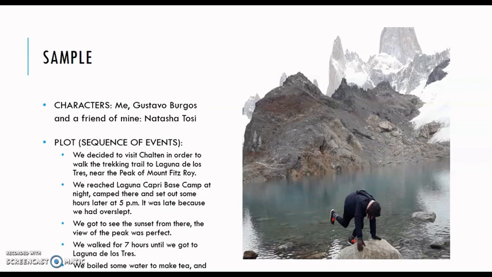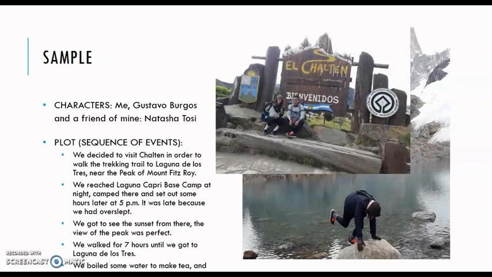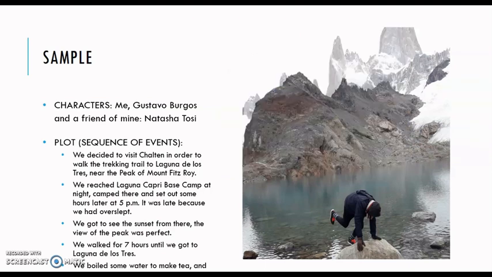First, we decided to visit El Chaltén in order to walk the trekking trail to Laguna de los Tres near the peak of Mount Fitzroy. Mount Fitzroy is the mountain that you can see at the bottom of this picture, at the right top.